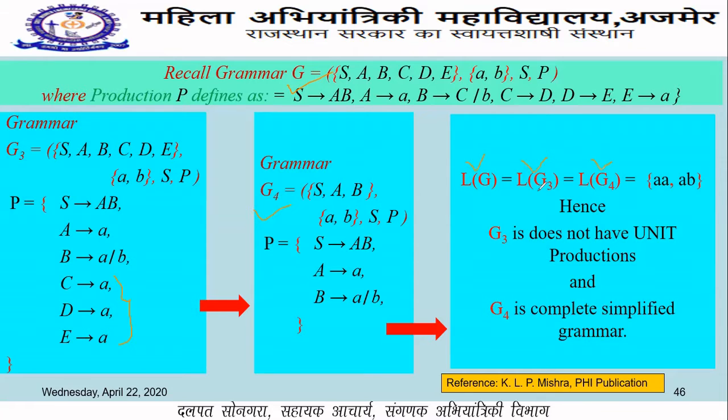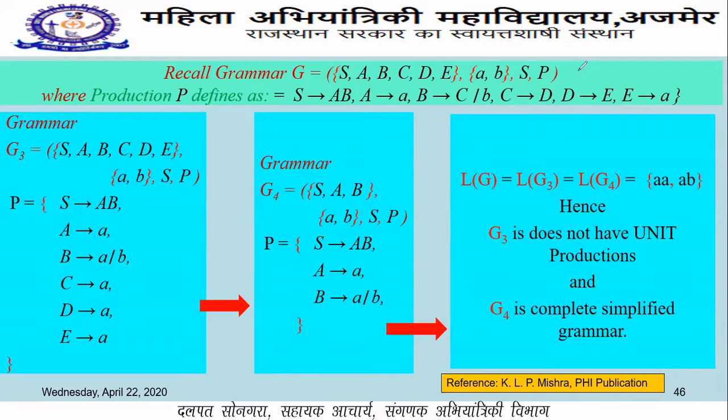All these languages are equivalent, because all three derive only two terminal strings, either aa or ab. Hence, we conclude that G3 is a simplified grammar that does not have a unit production, and G4 is purely simplified grammar which cannot be simplified further. Hope you understand.